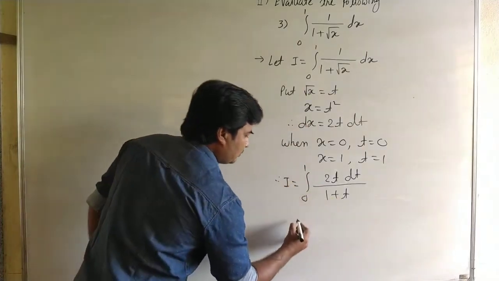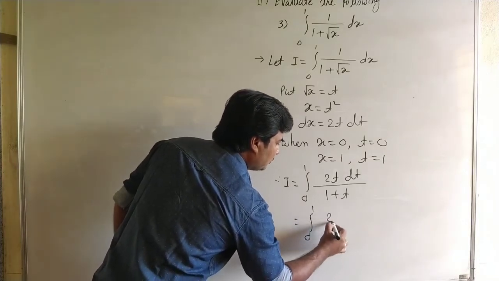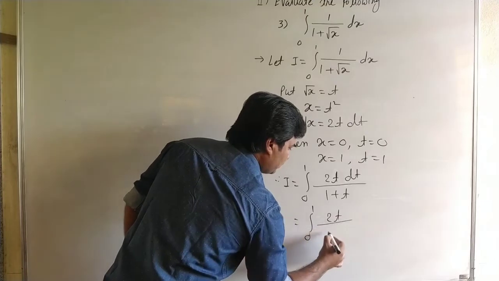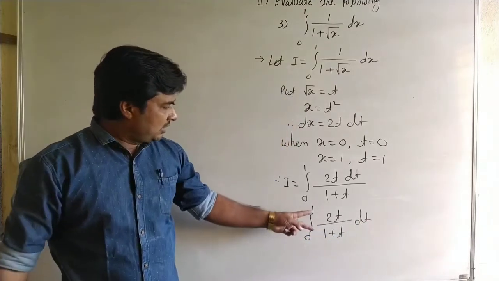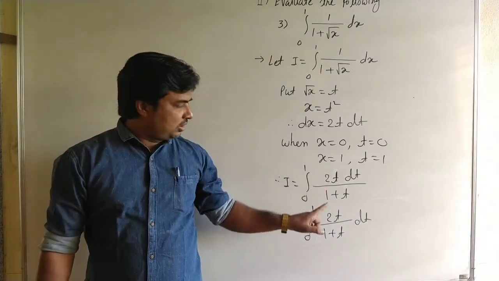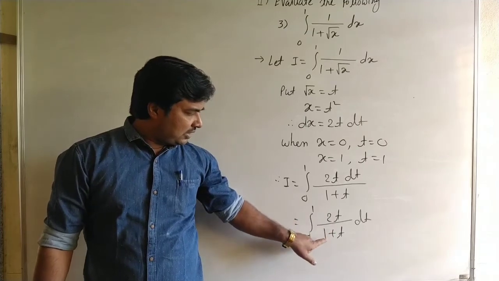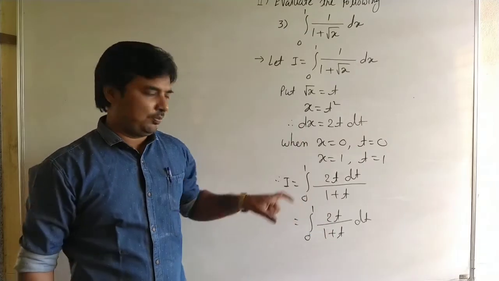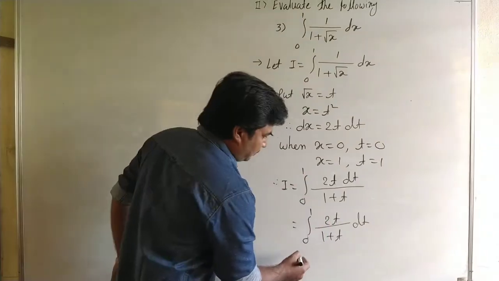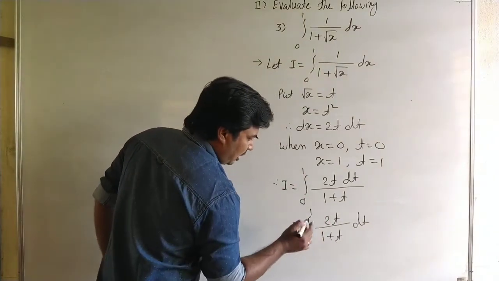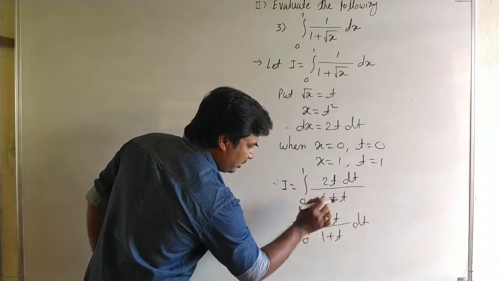And now it is integral 0 to 1 2t upon 1 plus t dt. And now this integral is in our type. Here the degree of the numerator and the degree of denominator is same, so we adjust denominator in the numerator. Now here we take 2 outside the integral, then it is easy to adjust denominator in the numerator.